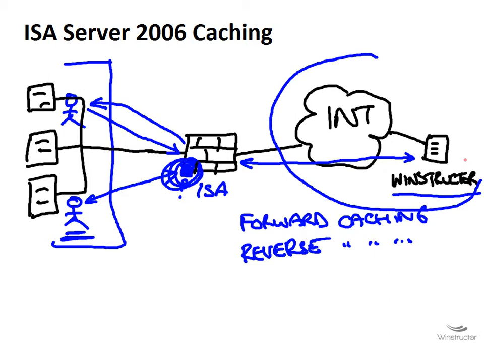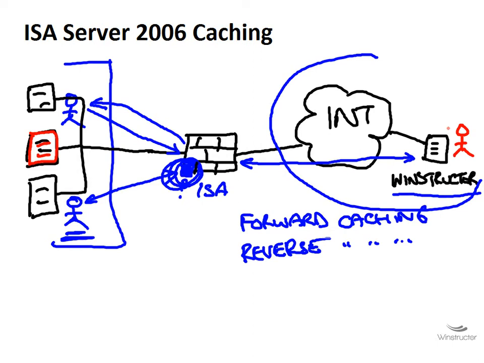So in a reverse caching scenario, let's say we've got a user somewhere out on the internet and they want to access our web server that we have sitting right here. So this external user, they fire up their favorite web browser and they're trying to hit our web server.